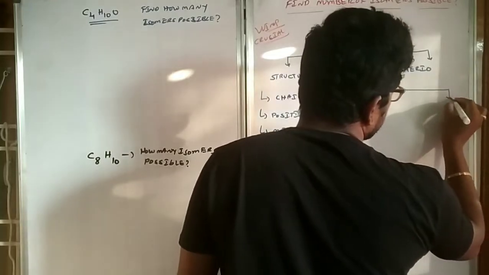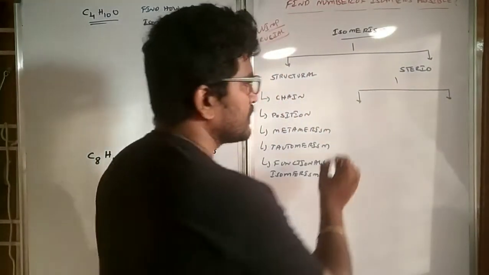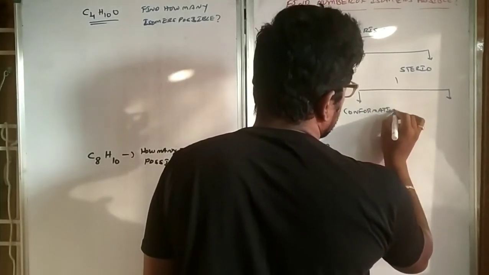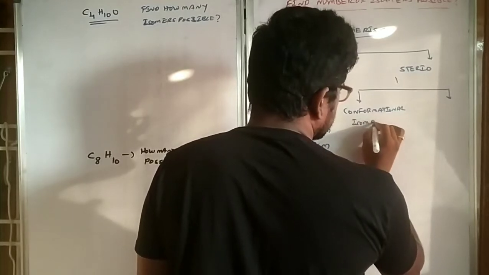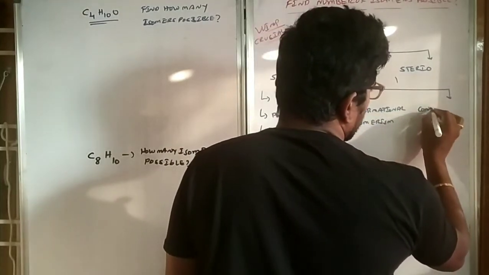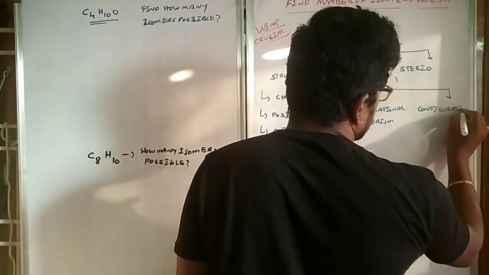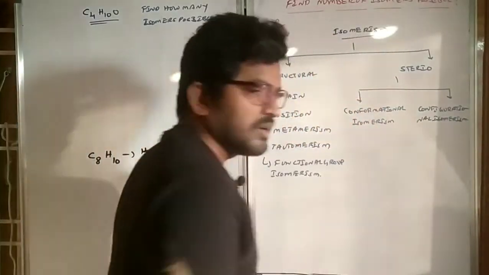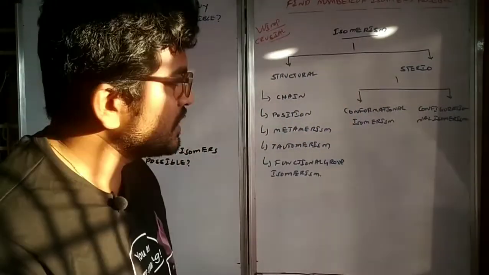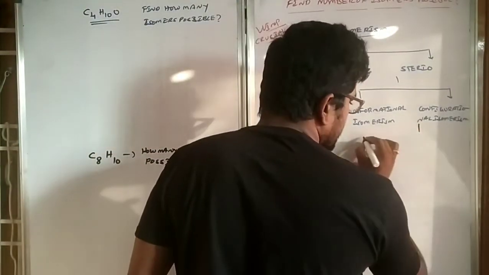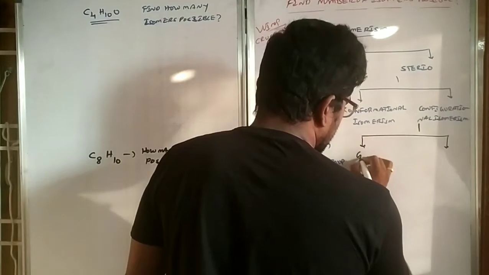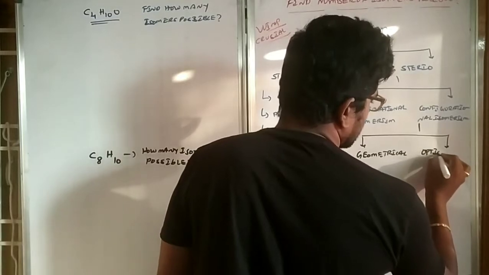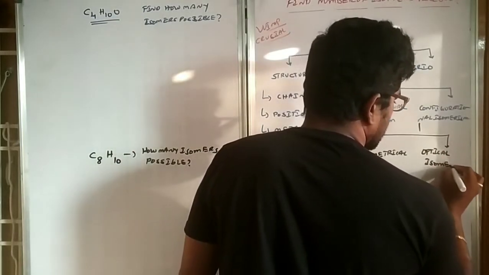Coming to the stereoisomerism: conformational isomerism and configurational isomerism. The configurational isomerism is of two types, geometrical isomerism and optical isomerism.